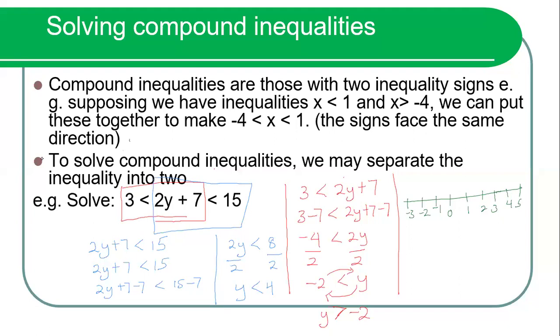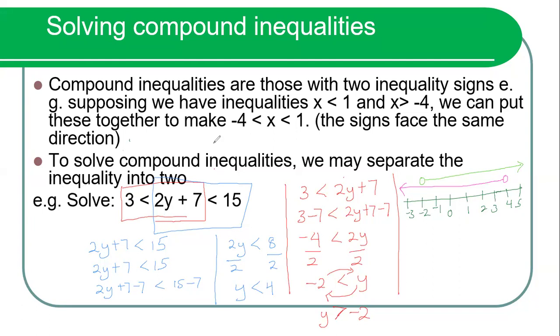What does it mean? Y less than 4 means that when I come to my inequality, I'll draw a box and then show that this is the less than. Then the second one shows us that we must have y greater than -2. So this is greater than, this side. Then I ask myself, where do those two inequalities meet?